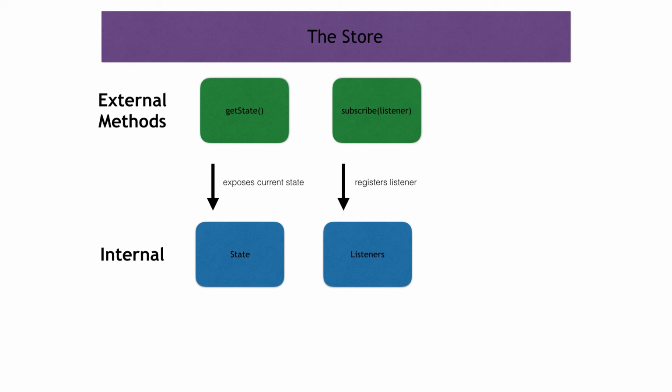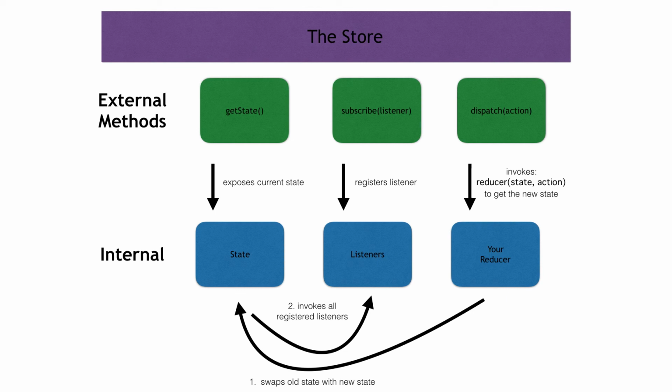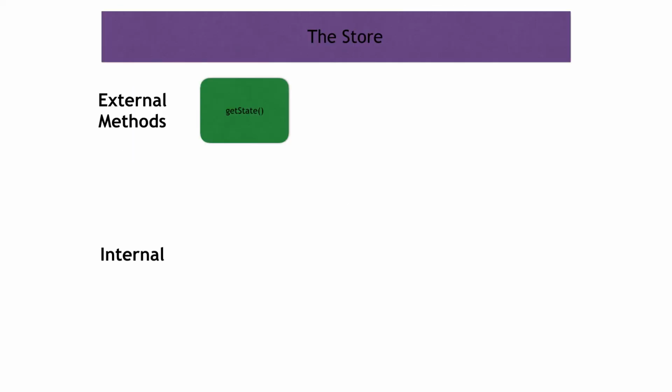And finally, dispatch, which takes an action and sends it to the reducer, which produces a new state, which calls all of the listeners, and then they request the new state with getState.